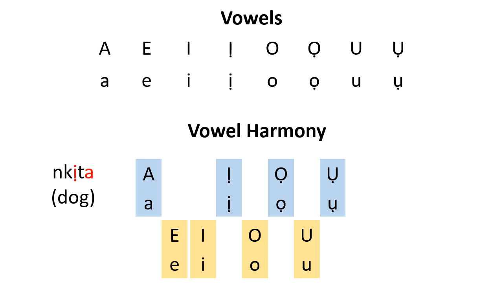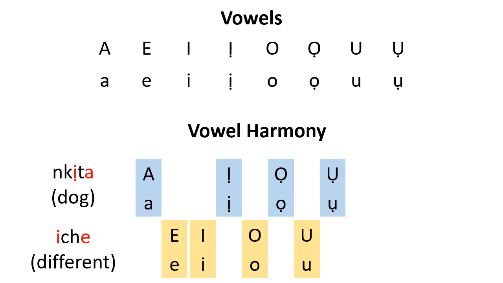like in nkịta, which means dog. And in a word that has an e, the I in that word will be the regular i, like in iche, which means different. What about in a sentence? The Igbo version of the pronoun he is ọ or o.